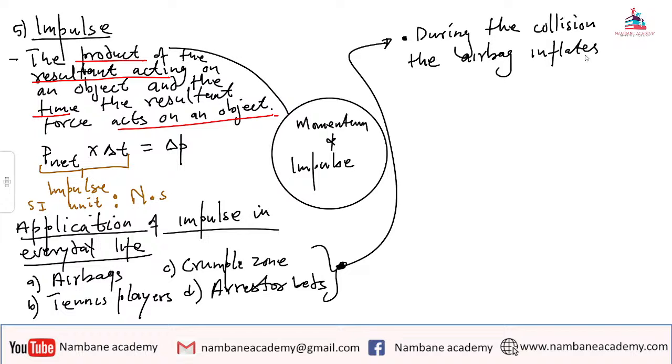So the crumple zone will also increase the contact time. The tennis players, by the time they move their hands back, are actually increasing the contact time. And the same thing applies to the arrestor beds.